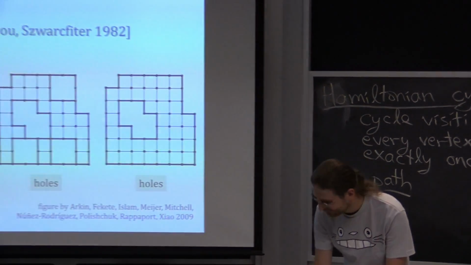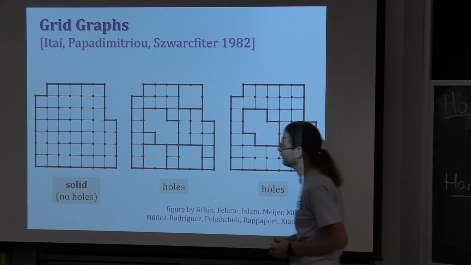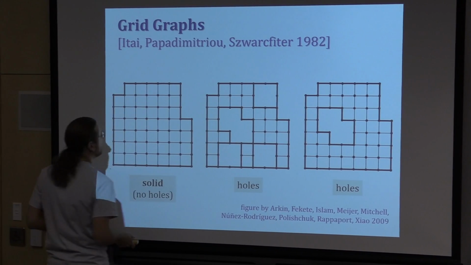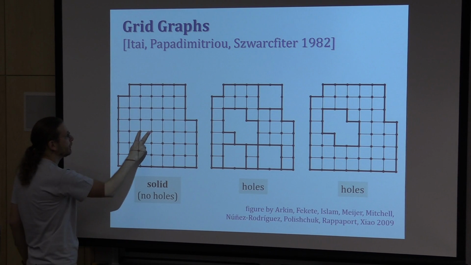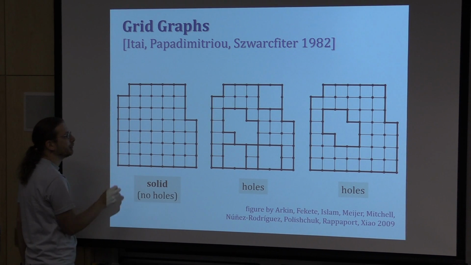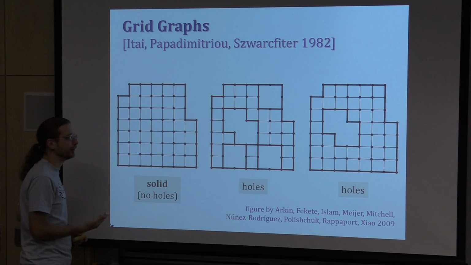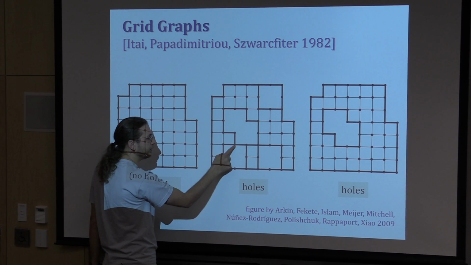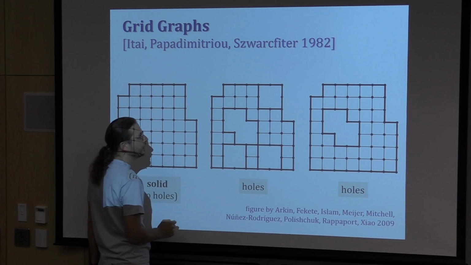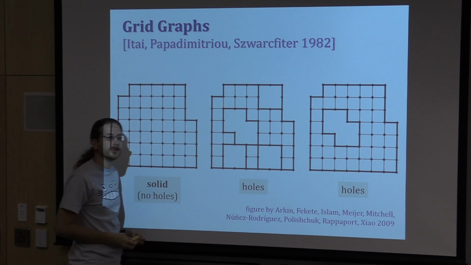Cheat and have some examples drawn for me. This is in a much more recent paper, but it's some nice pictures. So we're just choosing a set of points in the square grid. And then whenever we have 2 points that are unit distance apart, you're forced to have an edge there. You can't say, oh, there's no edge. That would be a subgraph of a grid graph. But for example, when this point is absent, you don't get any connections through here. So these are all examples of grid graphs.